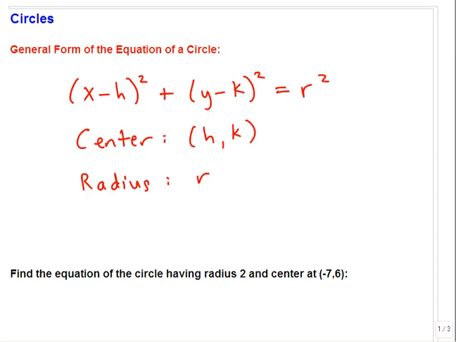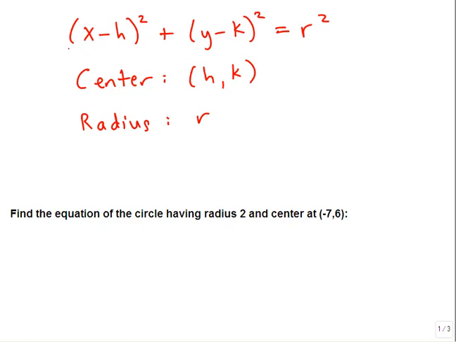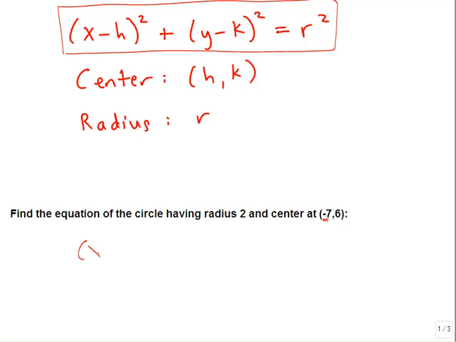If you are told that you want the equation of a circle having radius 2 and a center at negative 7 comma 6, then what we're going to do is convert it into this nice general form. So my center has an x value of negative 7, so in these first set of parentheses you want x minus that x value squared.